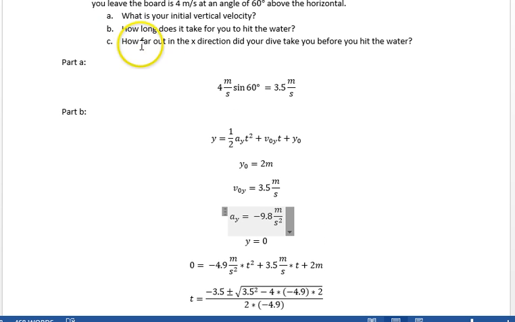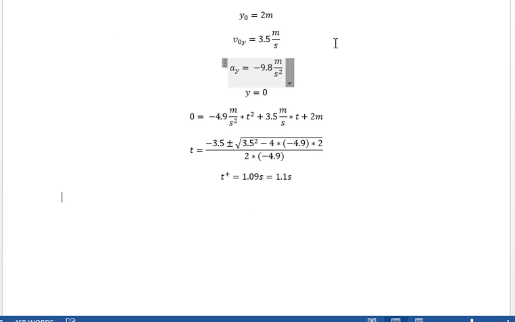All right. How far out in the x direction did your dive take you before you hit the water? So in part C, we're looking at the x direction. What is the equation for x? Right? x equals 1/2 a x t squared plus v naught x t plus x naught. All right. So x naught equals 0.